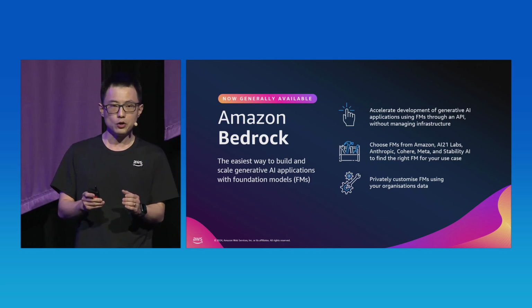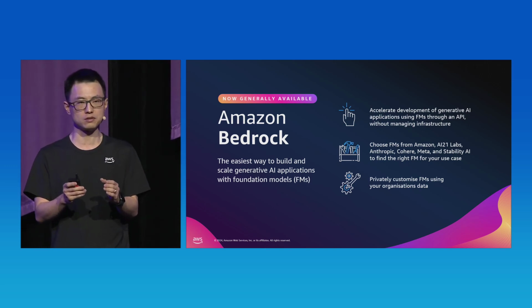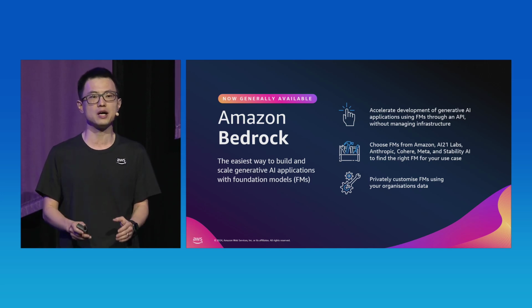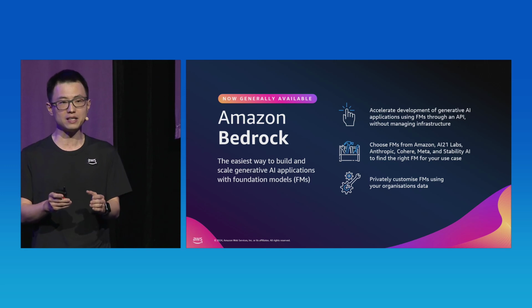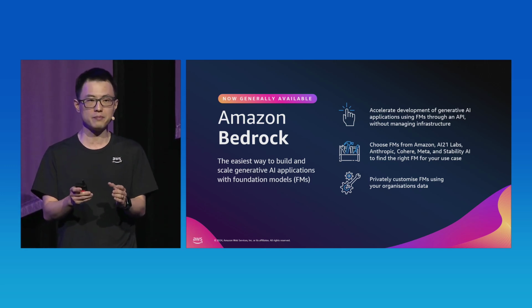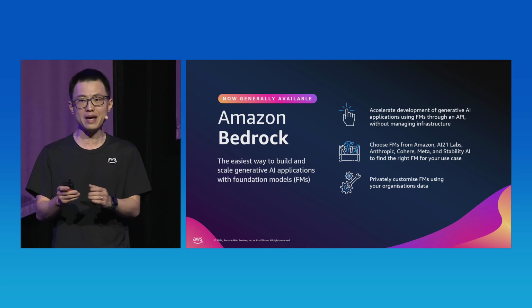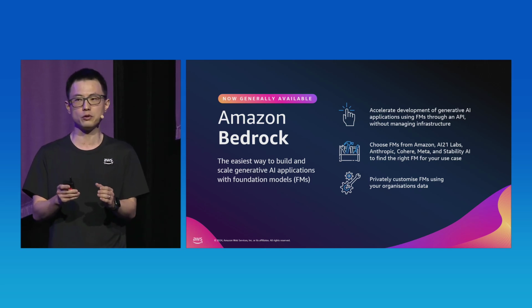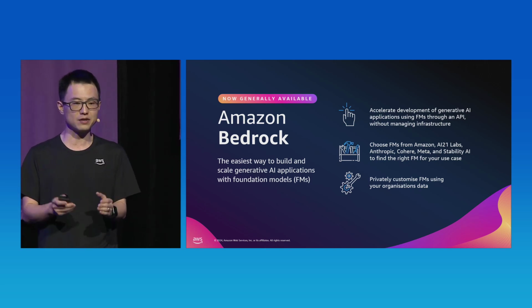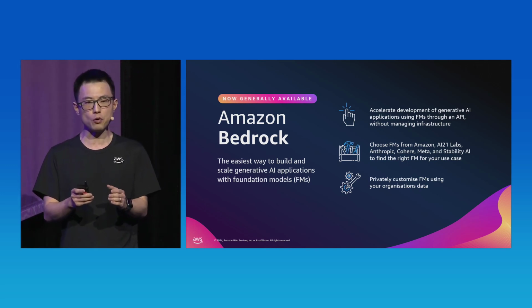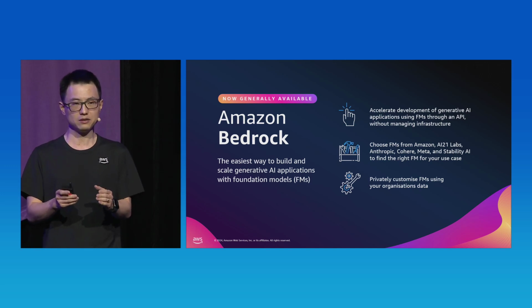Also, you can choose from a wide range of models from a wide range of model providers. For example, you can choose the Titan model provided by Amazon, the latest Claude 3 model from Anthropic, and also Llama 2 from Meta. You just choose the right model for your use case. That's very convenient. Lastly, you can fine-tune your model using your own data, which is also very beneficial to your use case.